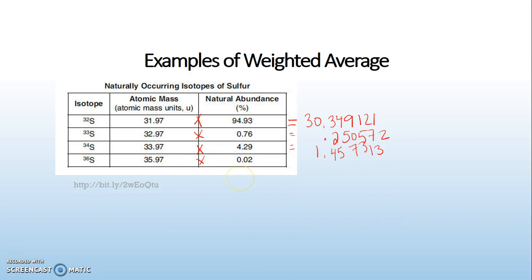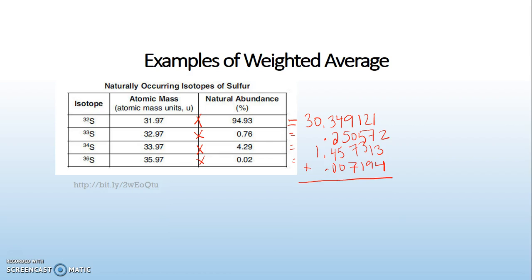And then we have our last one. We have 35.97 times 0.0002, which is not going to be a lot. That equals 0.007194. Now we add all those together.